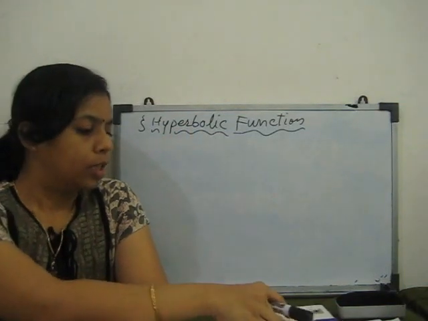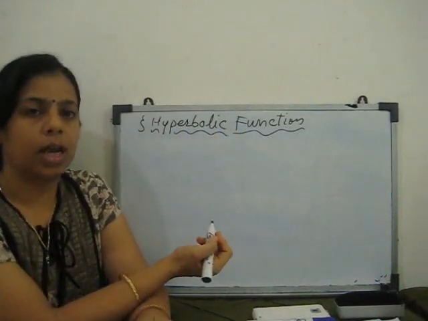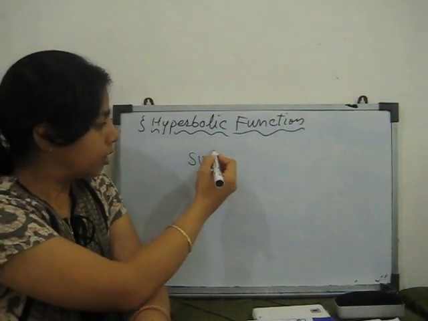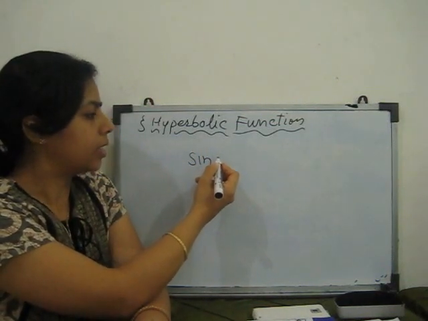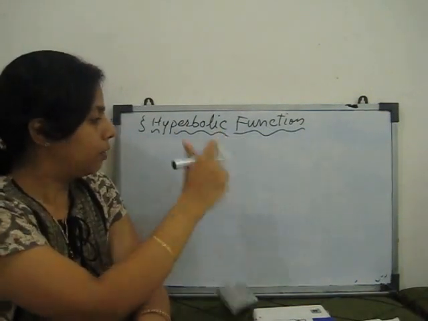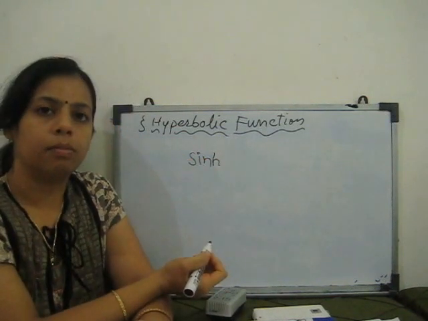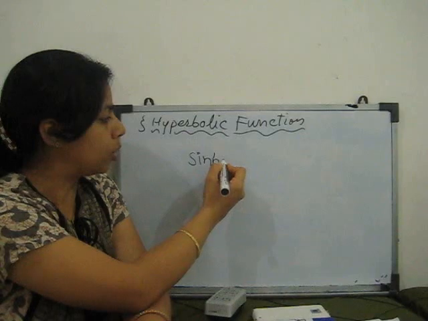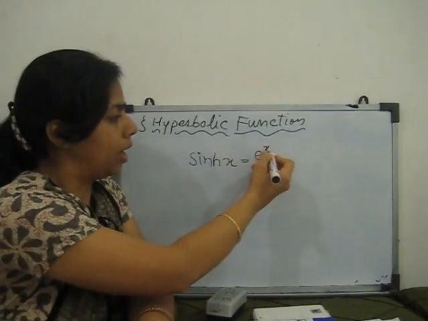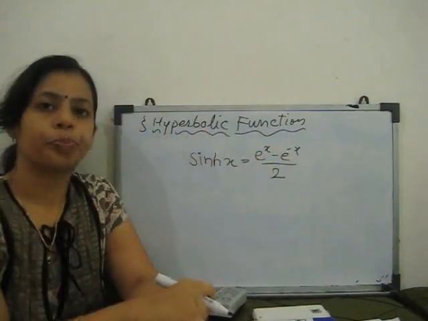So you all know the basic trigonometric functions; the basic hyperbolic functions are, first one is sine. If we write sine x, this is our trigonometrical function. If we put an h here, this becomes hyperbolic. Sine hyperbolic of x is given by e to the power x minus e to the power minus x, divided by 2.